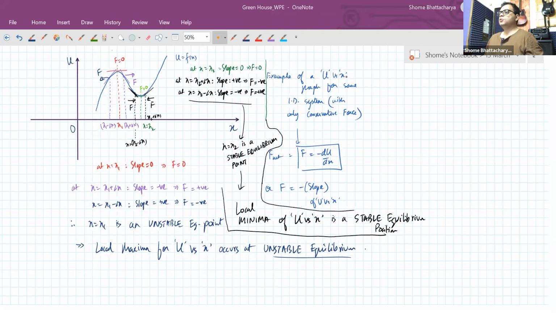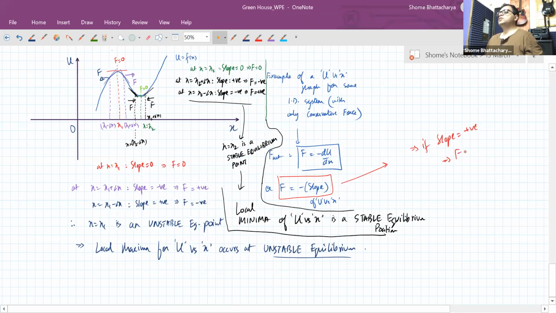Yeah, we came to know about the direction of force from this. The force is negative of the slope, no? So that means that if slope is positive, then force is along the negative direction. If slope is negative at some point, then the force is positive at that point.